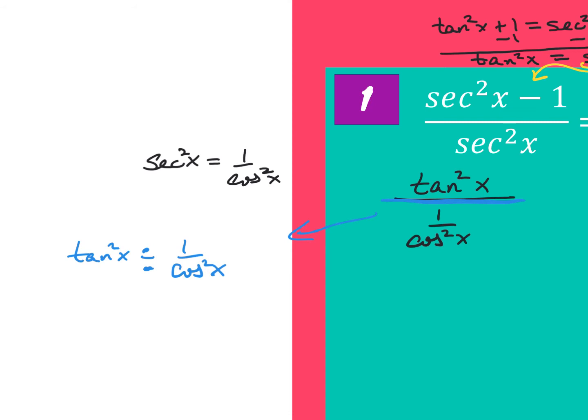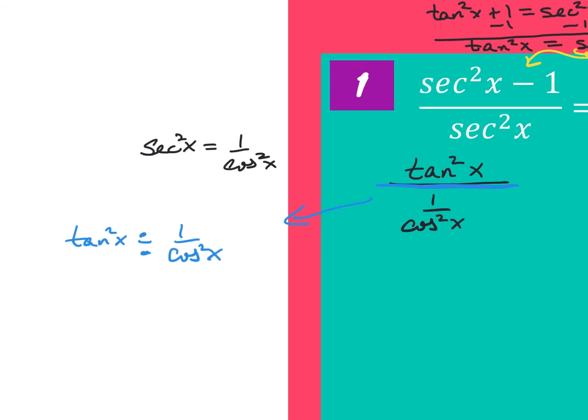If you want to put this into your solving process, you can. I'm going to just jump to the reciprocal. So we keep the tangent the same, change it to multiplication, and then flip this upside down.